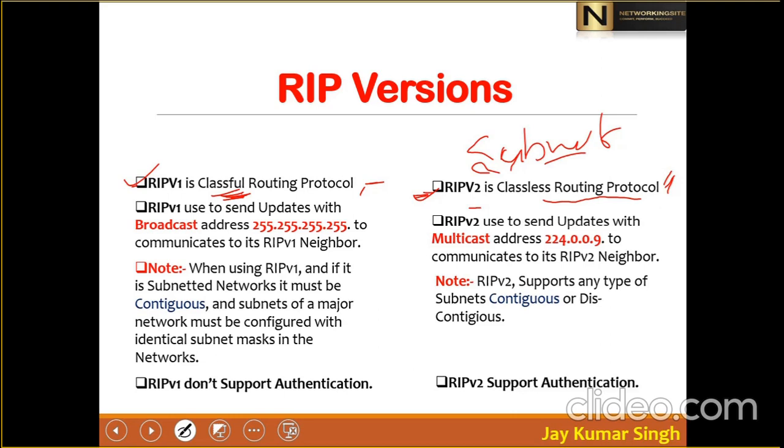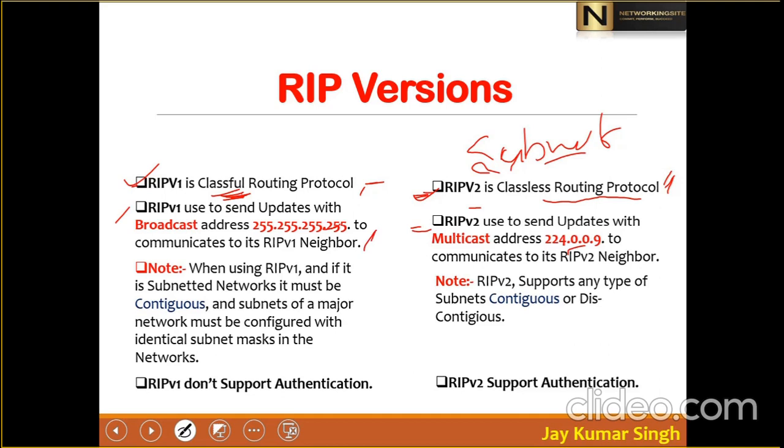Now, whenever RIP version 1 wants to send any kind of information to its neighbor, it uses the broadcast address 255.255.255.255 for sending the information. But when RIP2 sends this information, it will use 224.0.0.9. Now what is the difference?